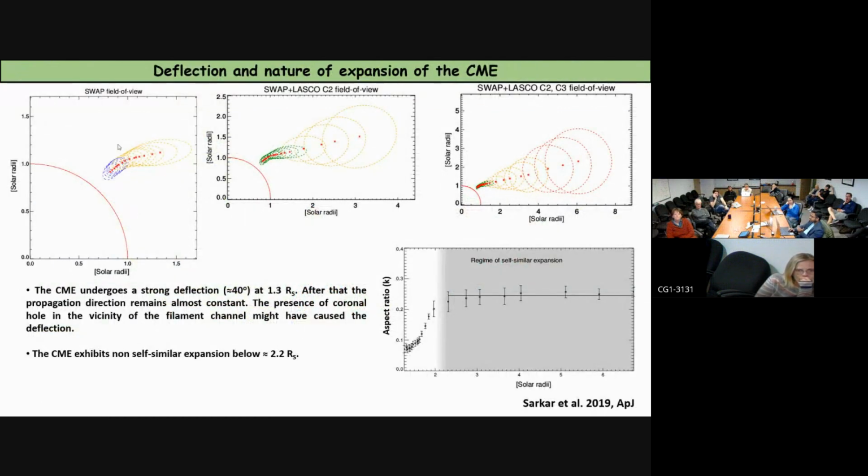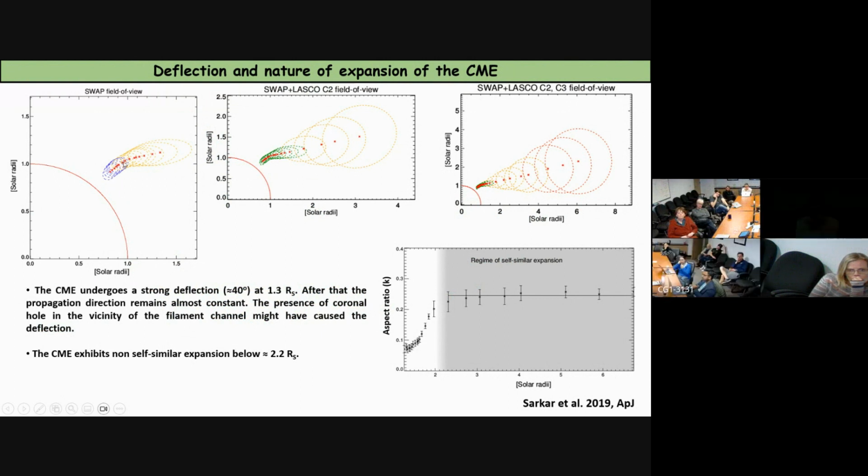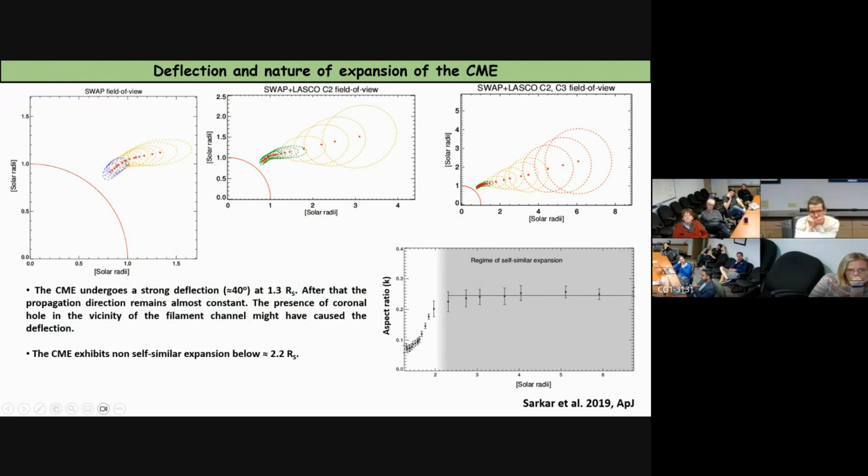Here we have tracked it, and what we have found is that if we look at the centroid of this shape, initially it goes like this, then it undergoes a deflection, and then it moves like this. If we look at a higher field of view, after it has deflected close to the sun, it roughly maintains a constant direction of propagation.